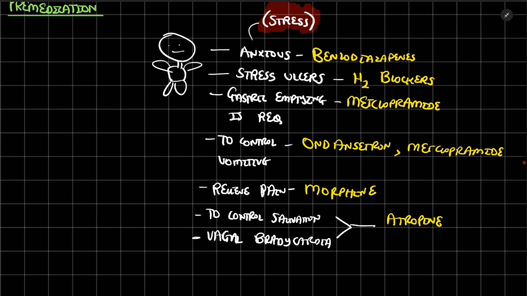To relieve the pain, we give morphine. And due to increased intracranial tension, the vagus is stimulated. The vagal stimulation causes vagal bradycardia, which is controlled by atropine, and also the salivation or any secretion is controlled by atropine. So these are the pre-medications which should be given in case of using general anesthesia.